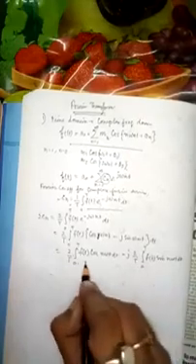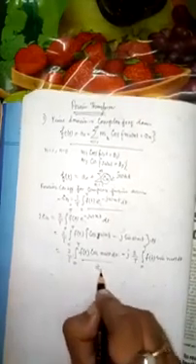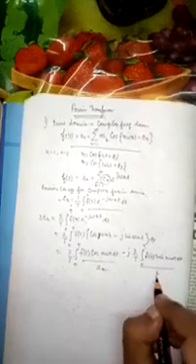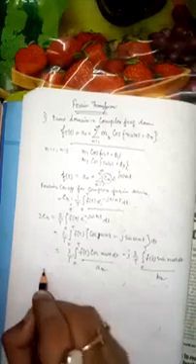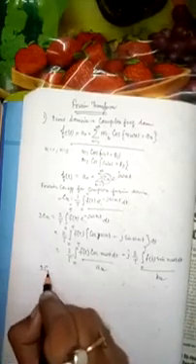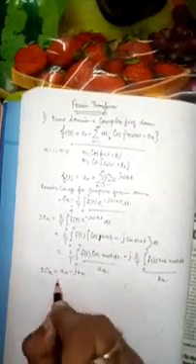Okay, this particular part is called an, and this particular part is called bn. So we can write 2Cn equals an minus j bn.